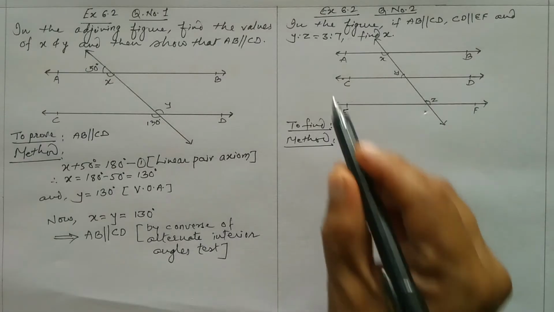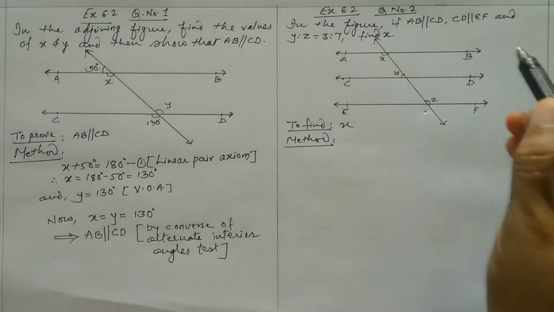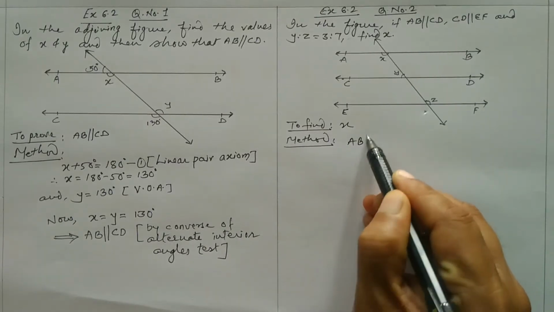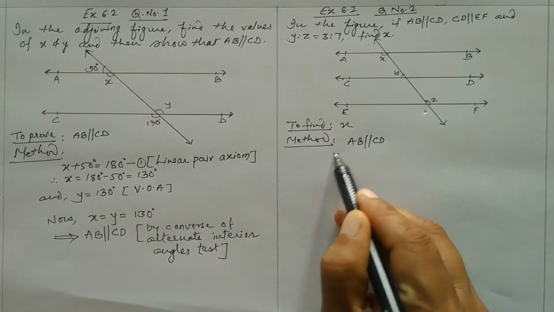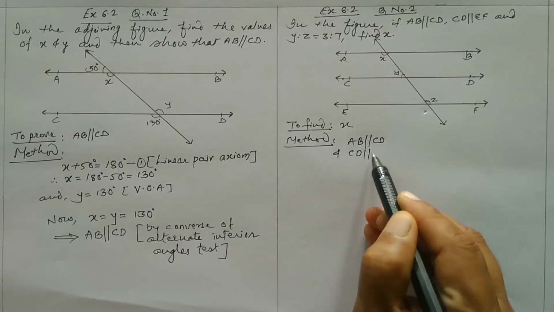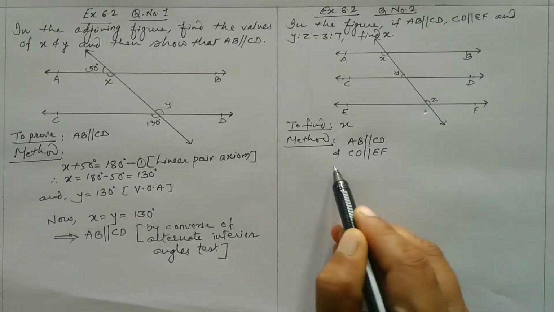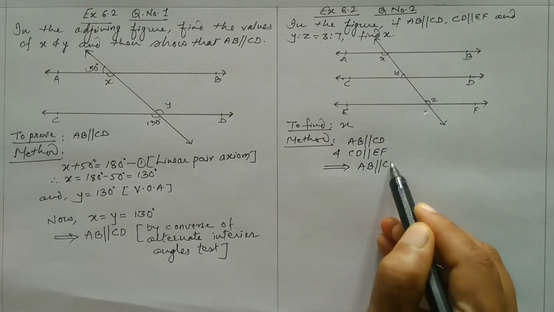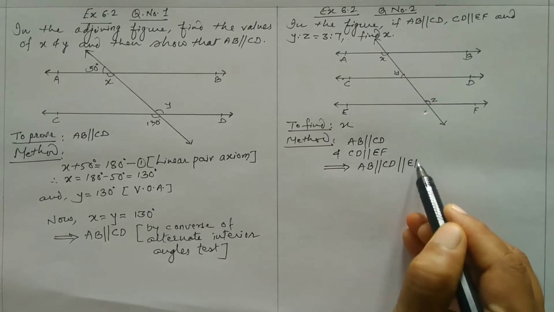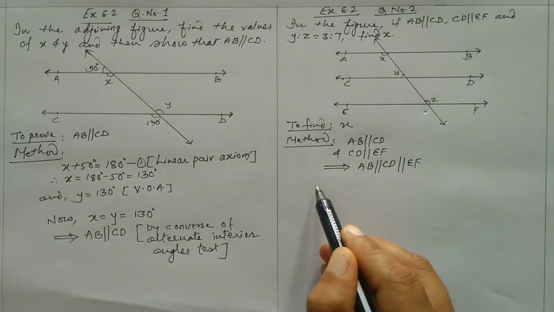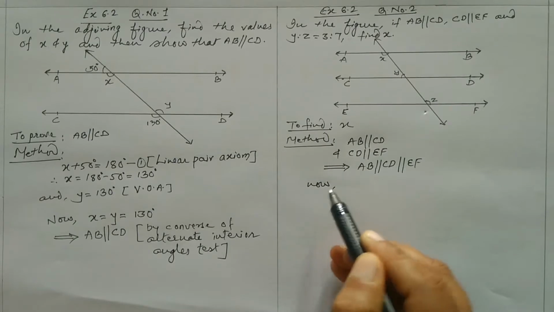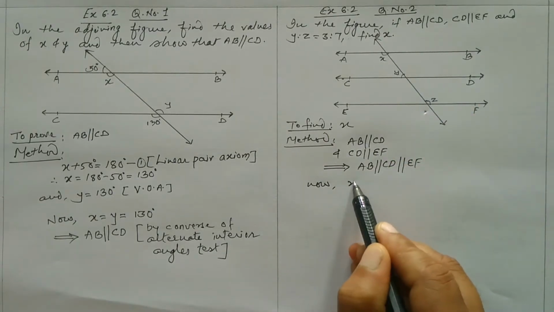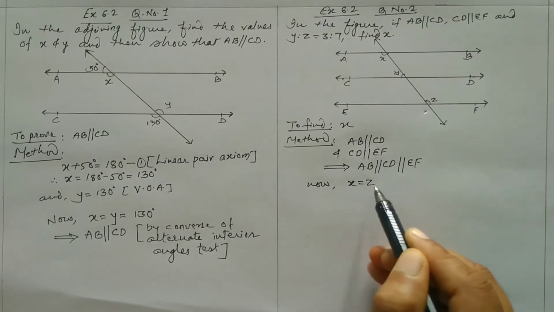AB is parallel to CD and CD is parallel to EF, which implies all the three lines are parallel to each other. Now x is equal to z.